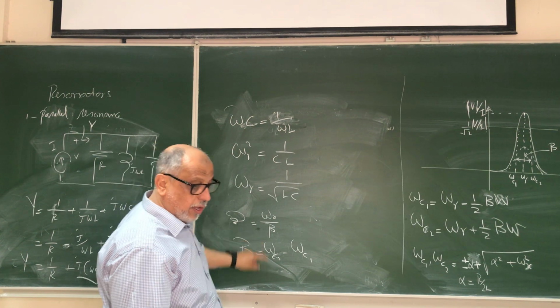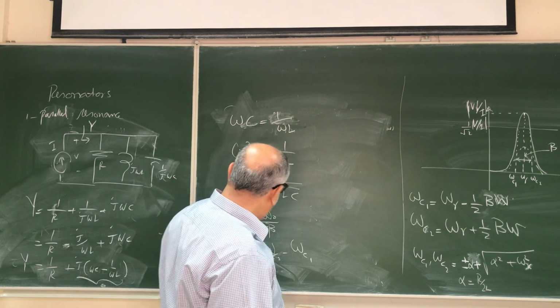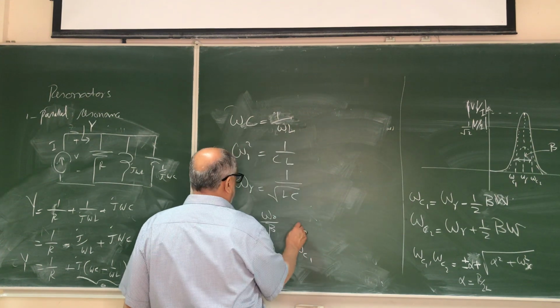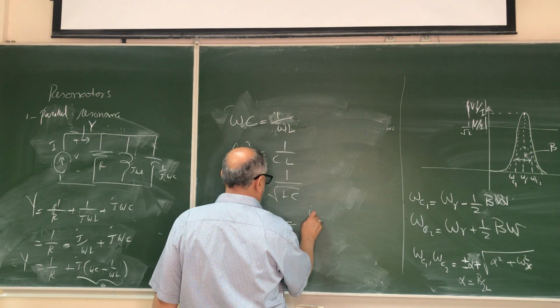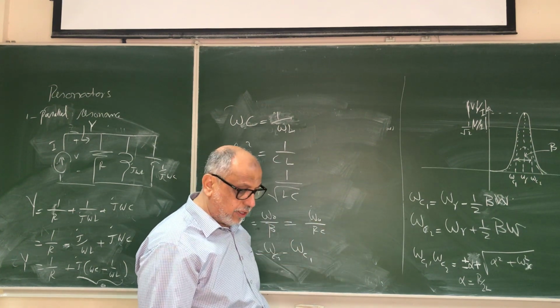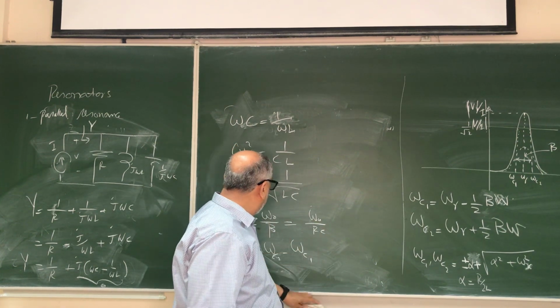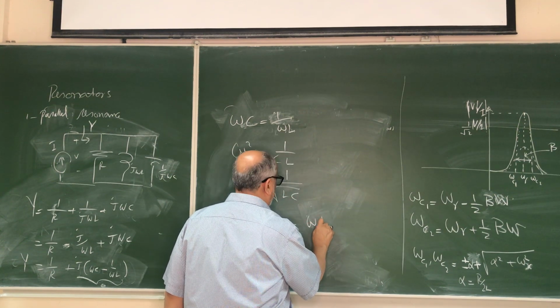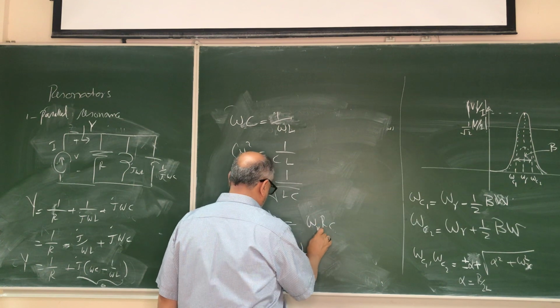Here we can rewrite this in terms of the bandwidth, because the bandwidth is 1 over RC, so this will be omega naught over 1 over RC, so omega resonance times RC.